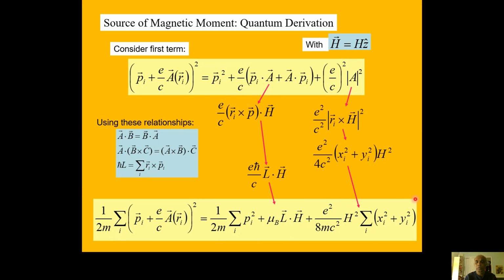Remember, in the Hamiltonian we had another part, this S dot H, right?